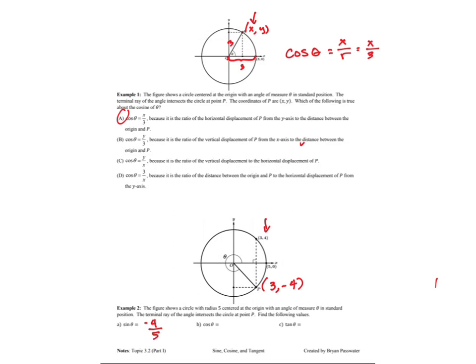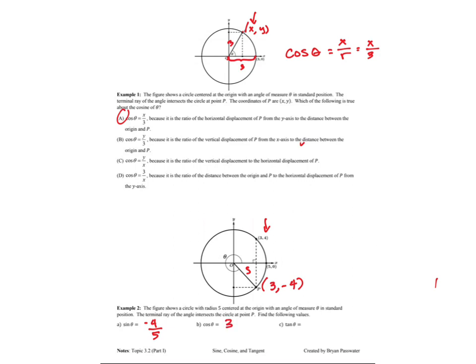Good. y divided by r. y being -4, r being 5. This is a 3, 4, 5 triangle. It's a 3, 4, 5 triangle located in quadrant 4.